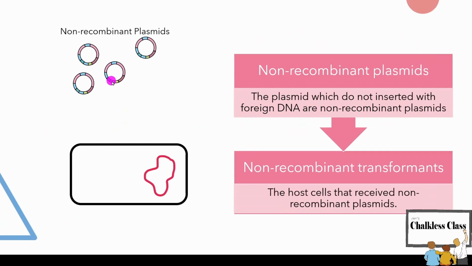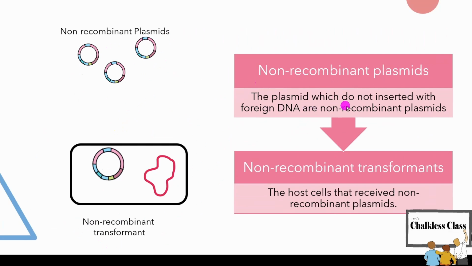Now, one more, let us see. These are the plasmids without any insert. So, these are non-recombinant plasmids. When these non-recombinant plasmids enter a host cell, that host cell becomes a transformant, but it received non-recombinant DNA, hence it is called a non-recombinant transformant. So, what are non-recombinant plasmids?